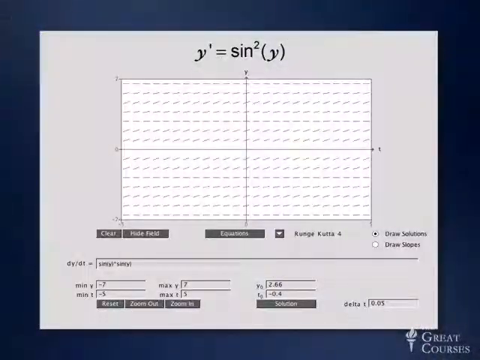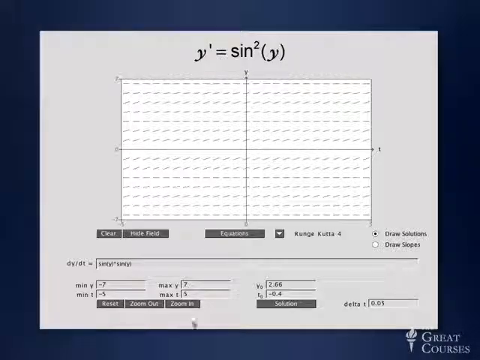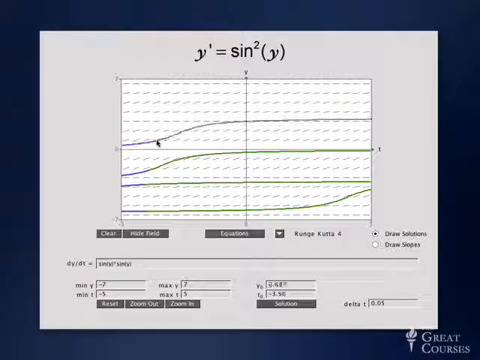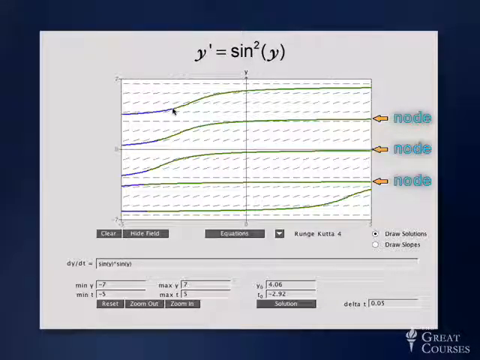But let's just look at those solutions. So here is the slope field for y prime is sine squared y. And as we just saw, all solutions tend to increase between the equilibrium points. Each of the equilibrium points is a node. So even though the first derivative test tells us nothing, we still know exactly what's happening.